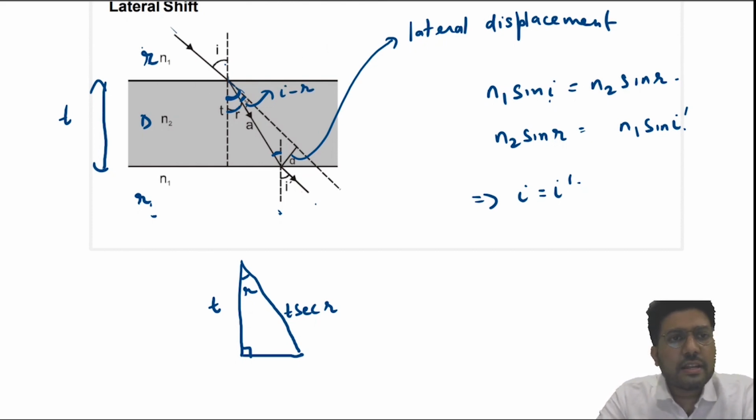Now if you look at this triangle, the sine of this angle is perpendicular by hypotenuse.